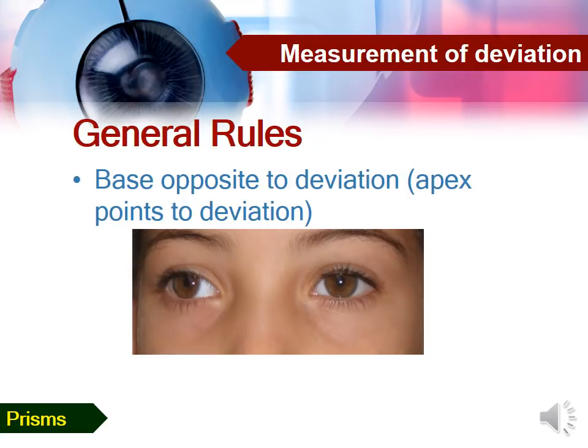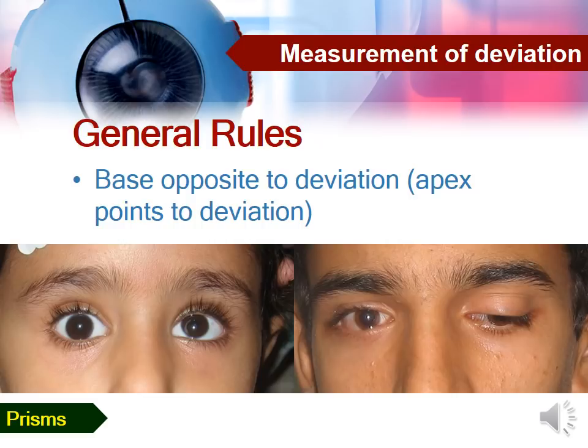In a patient with exotropia, the prism will be placed with the base inward and the apex outward. In a patient with a vertical deviation, the prism is placed with the apex pointing to the position of the eye, so it should be placed base down, apex up in front of the hypertropic eye, and base up, apex down in front of the hypotropic eye.